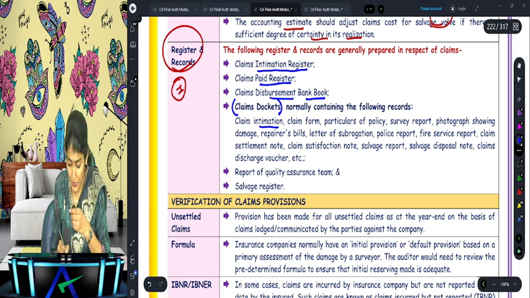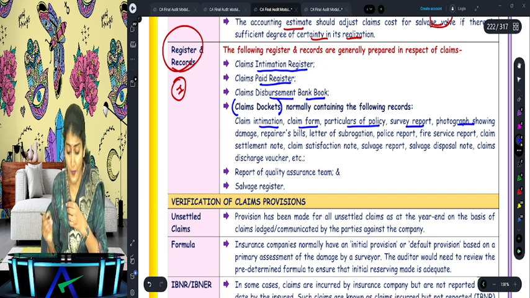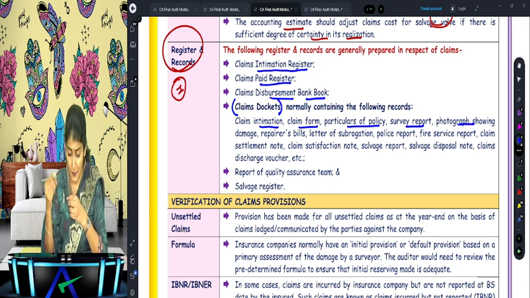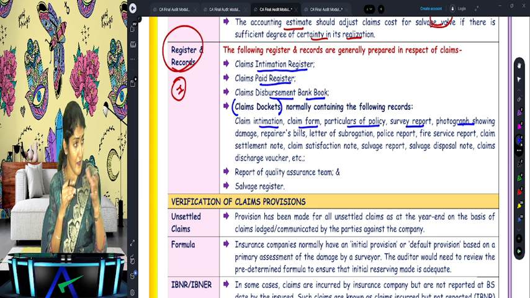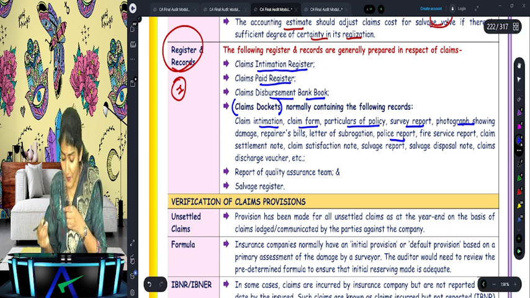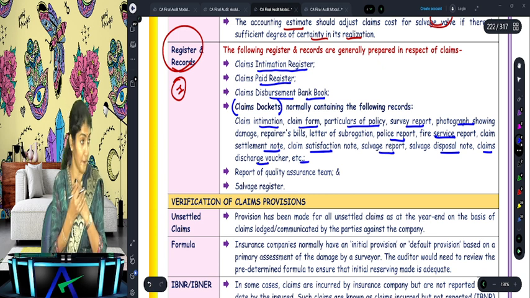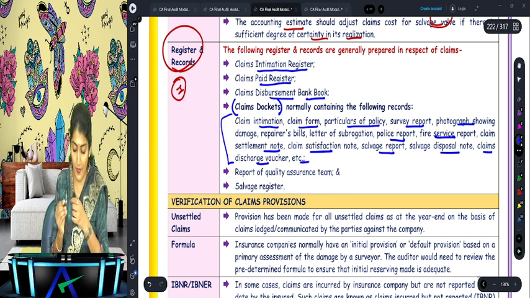The claim intimation, the claim form, the particulars of the policy, survey report, photographs showing the damage, the repairer's bill, the letter of subrogation, policy report, police report, the fire service report, claim settlement note, claim satisfaction note, salvage report, salvage disposal note, claim discharge voucher, etc. All this is included in the claim docket.